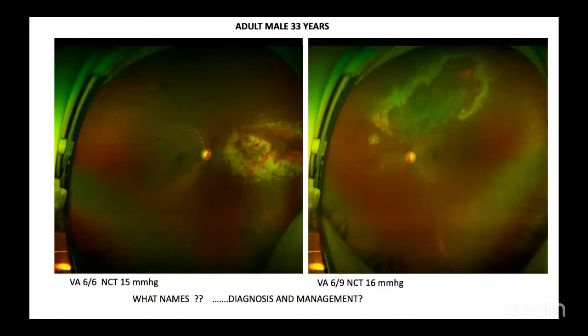It is given as a loading dose of 900 milligrams BD for 3 weeks, then switched over to OD dosing, continued till the CD4 count improves, I think beyond 100 or something. I would have to check exactly. So you have to start this patient on both antiretroviral therapy and valganciclovir. You can do it by yourself.